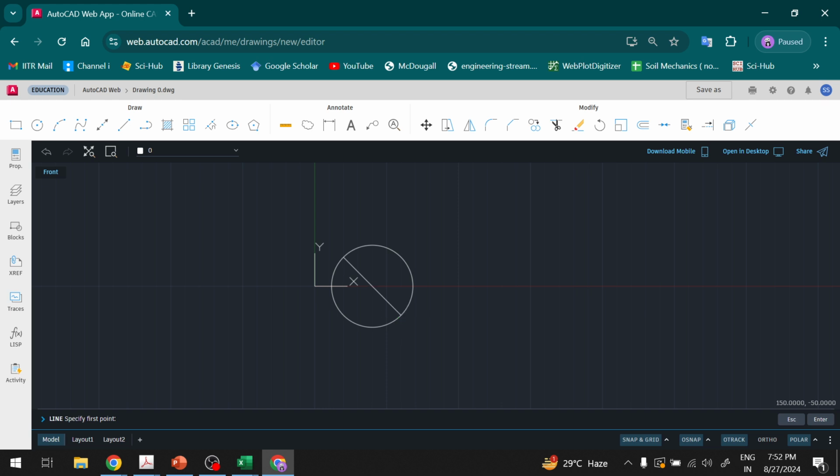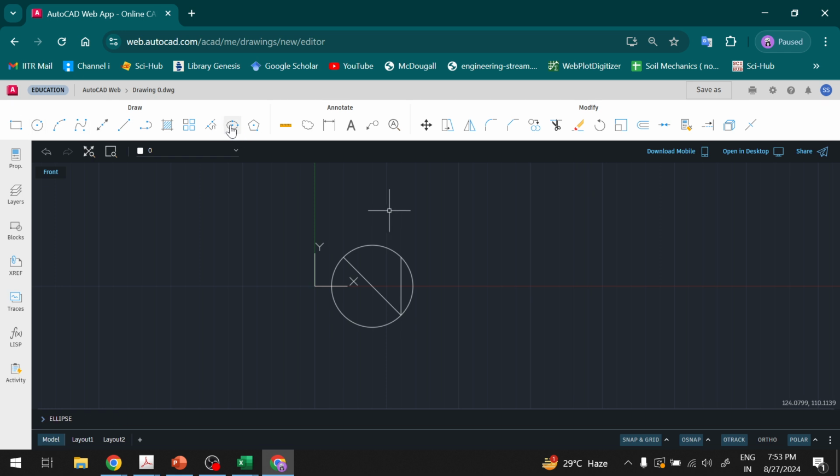Okay, here it will start. Up to here. So this will be the pole. This point here.